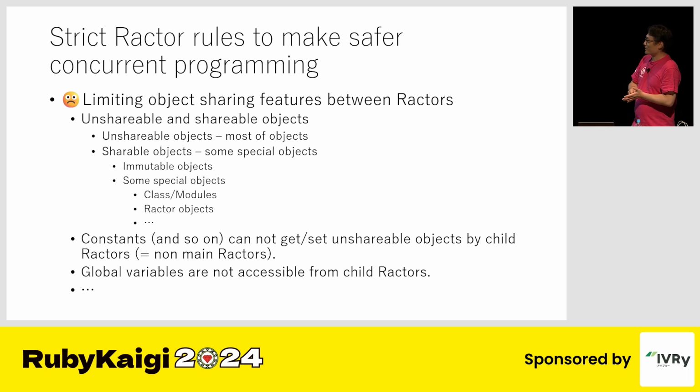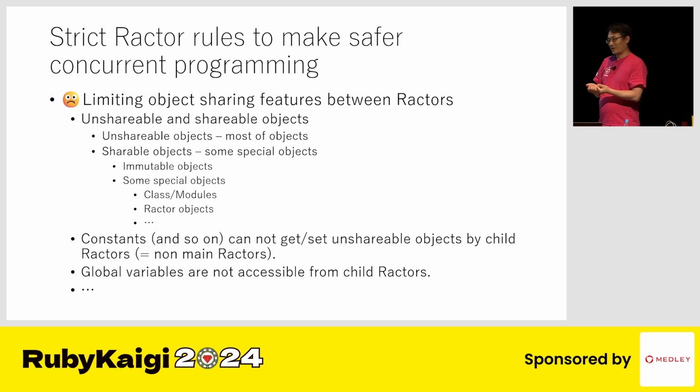So only the main Ractor, the startup Ractor, can access the constant C, but other non-main Ractors, which we call child Ractors, cannot access such a constant C. For the same reason, global variables are prohibited from being accessed from child Ractors, and so on.